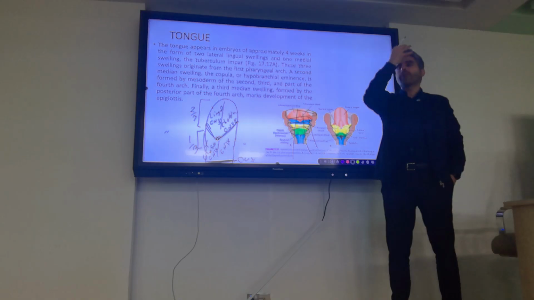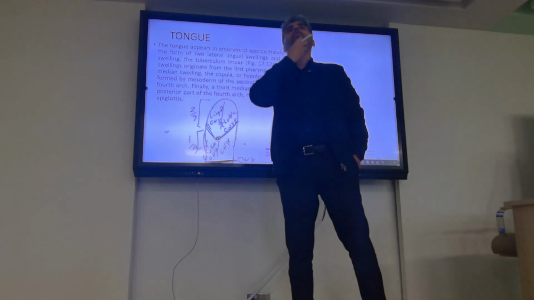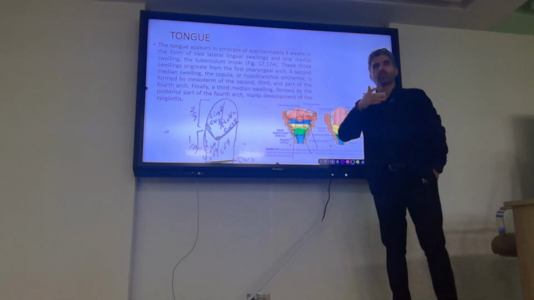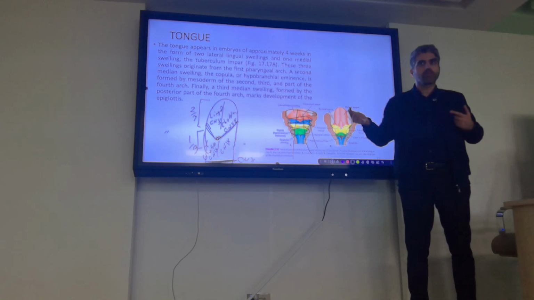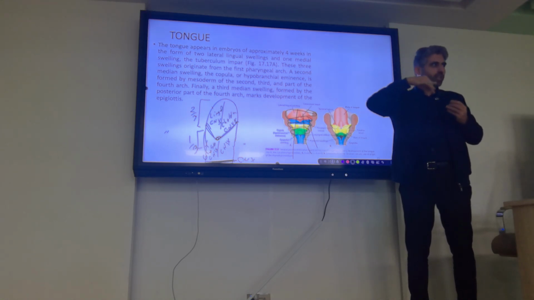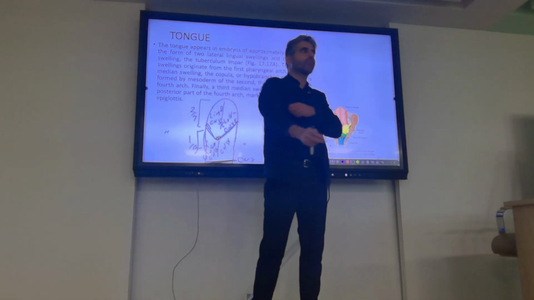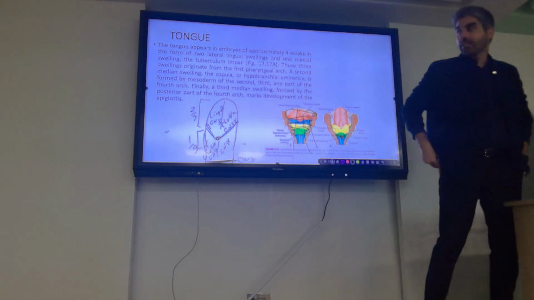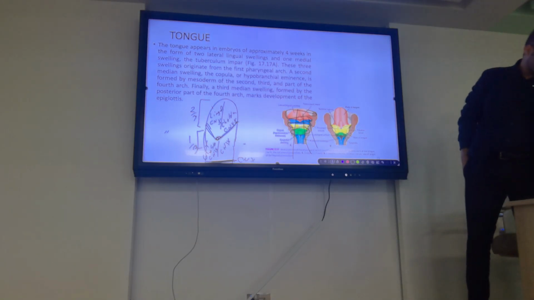After the thyroid gland goes to its location, I think after 7 weeks, and after 3 months the thyroid gland starts to produce hormones. So this duct disappears, the thyroglossal duct disappears, and you can see a small closed foramen. We say foramen cecum. It's here. So this is the formation of the tongue.